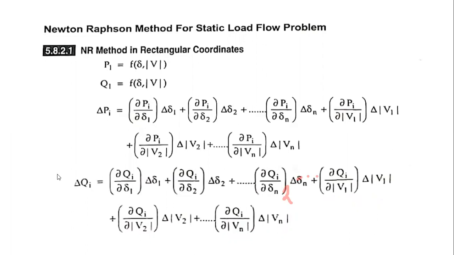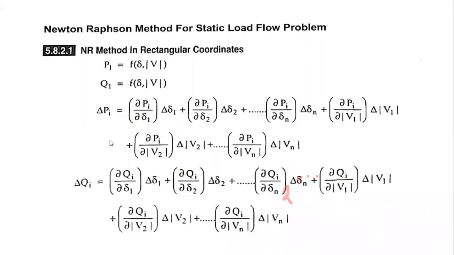Okay, similarly we write delta Qi as dou Qi by dou delta 1 delta 1 plus dou Qi by dou delta 2 delta 2 plus and so on dou Qi by dou delta n delta n, plus dou Qi by dou V1 delta V1, dou Qi by dou V2 delta V2 and so on dou Qi by dou Vn delta Vn.